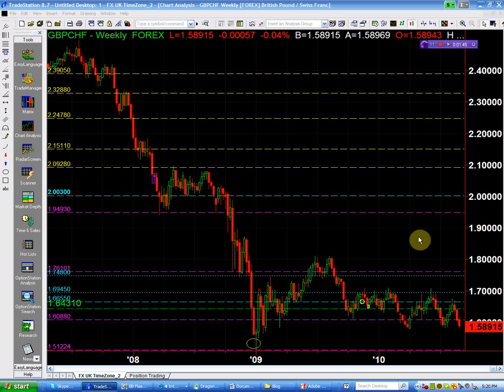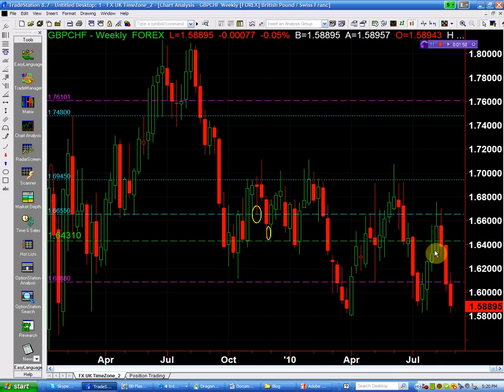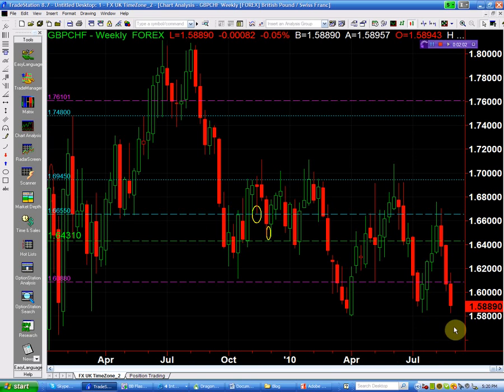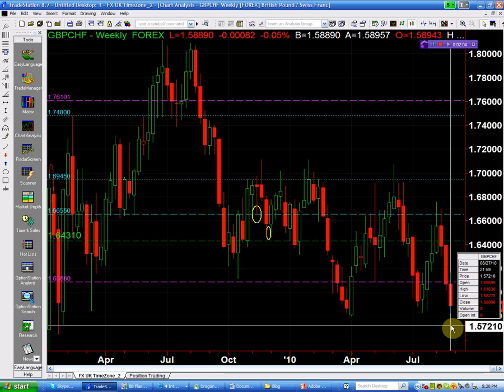Also, this is the weekly chart for the pound Swiss. You can see the decline that we have in the pound, and we're coming pretty close to a structural breakdown to the downside, which is the 158.30. We actually came pretty close to testing it today at 158.27.